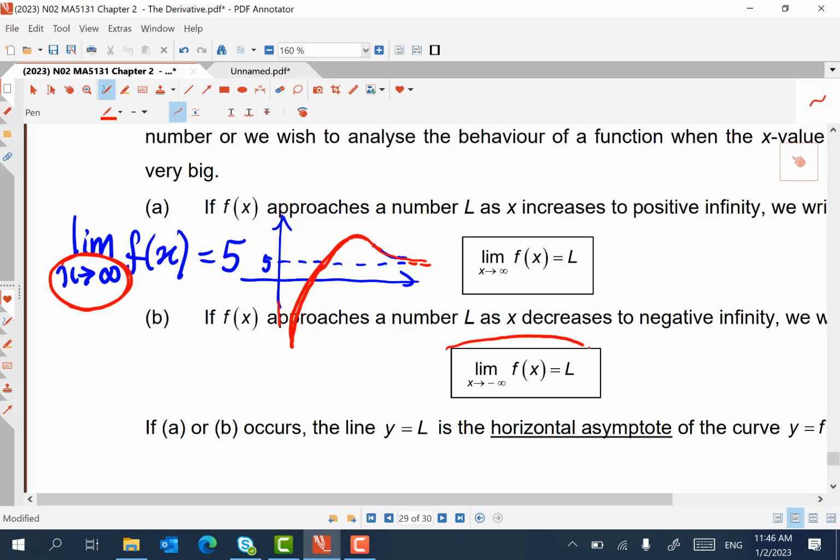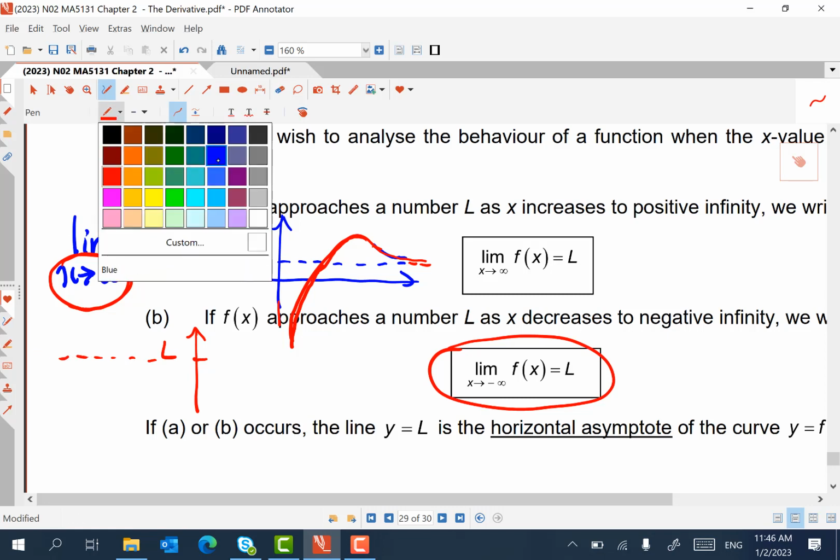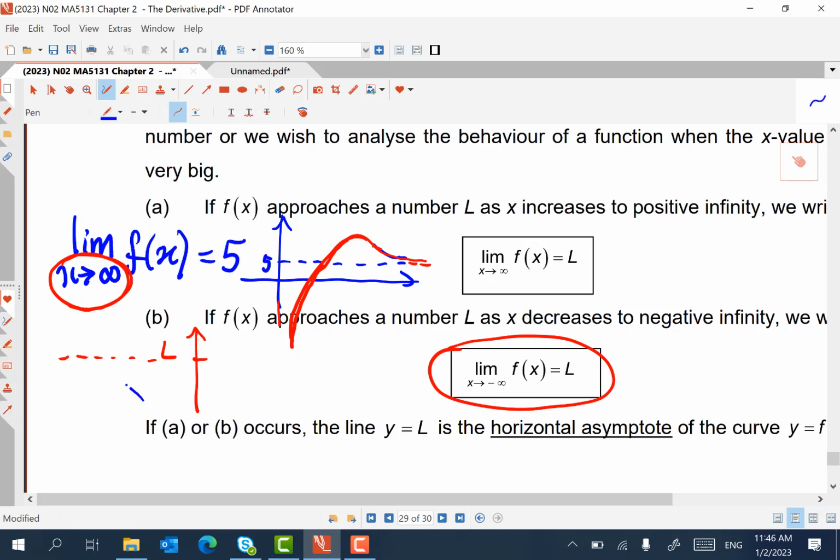Likewise, you understand now that when that happens, you also have another horizontal asymptote on the other end. Potentially, it looks like this, and your asymptote could be coming from the top or bottom, gliding towards it.